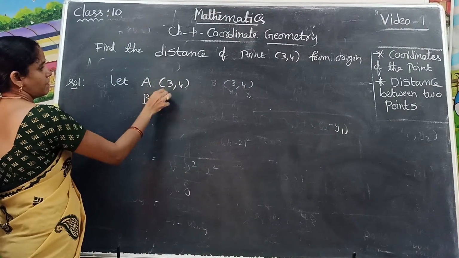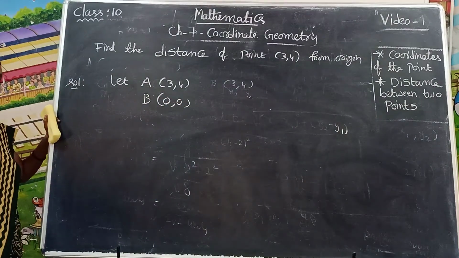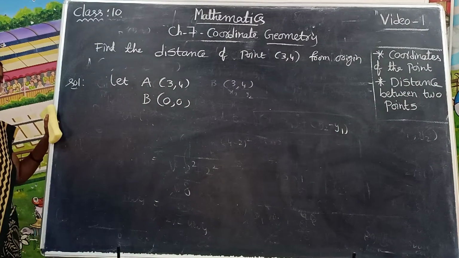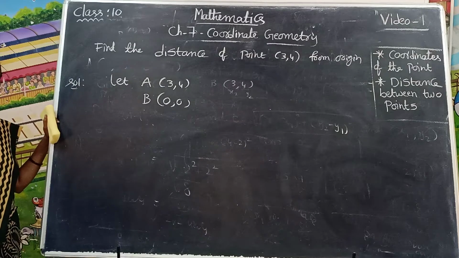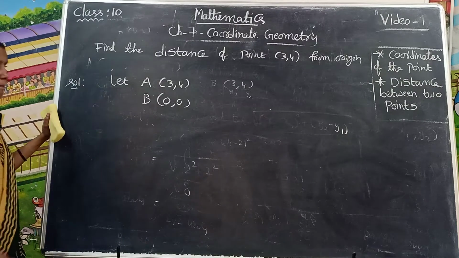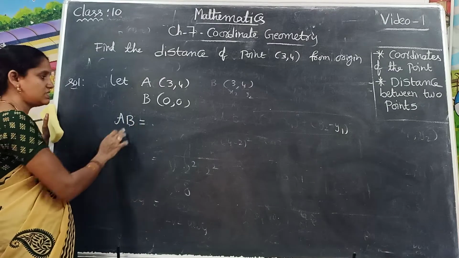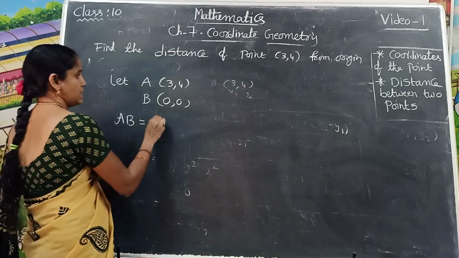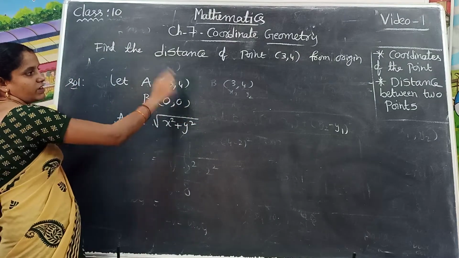Second point we take B as origin. Origin means what are the coordinates? 0, 0. For this also we can apply the formula root x2 minus x1 whole square plus y2 minus y1 whole square. Otherwise, simply we can apply the formula: distance between A and B equal to root x square plus y square, because here only x and y values are there.